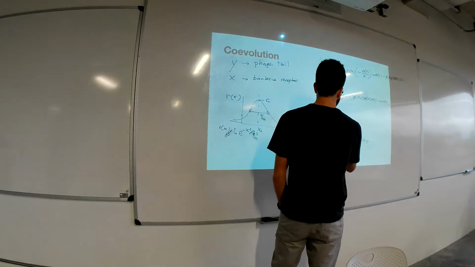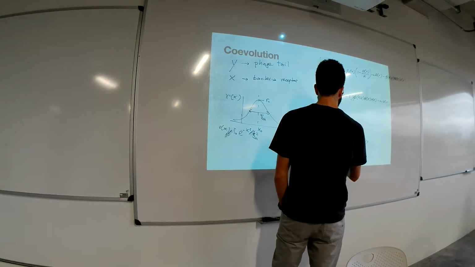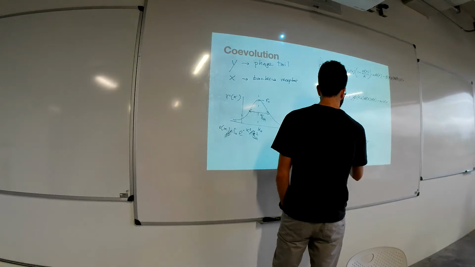And similarly here, I can choose some phi naught e to the minus (x minus y) squared over c_v squared.